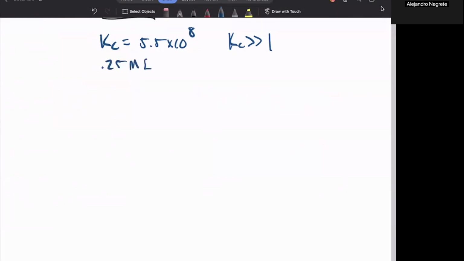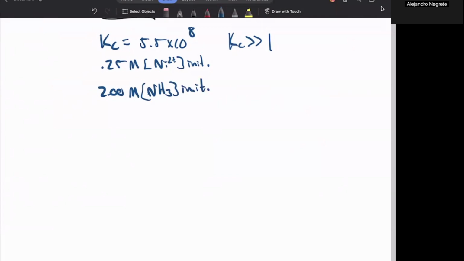This is the initial concentration of nickel 2 plus. Let's go with 2.00 molar ammonia. And again, this is the initial concentration here.